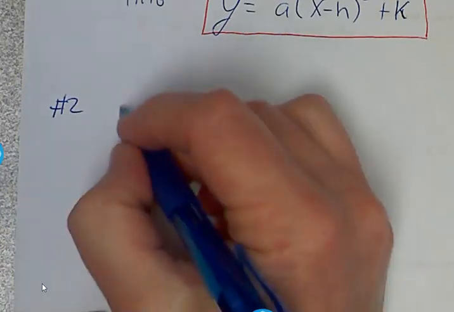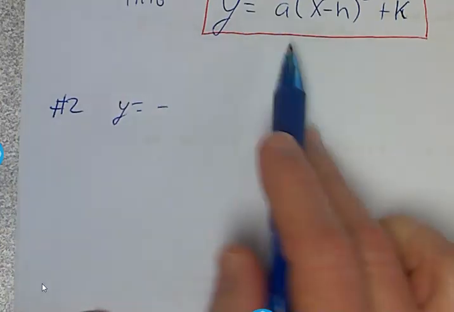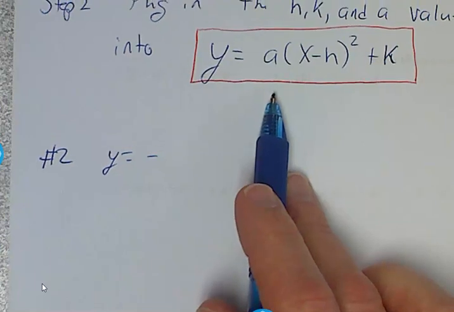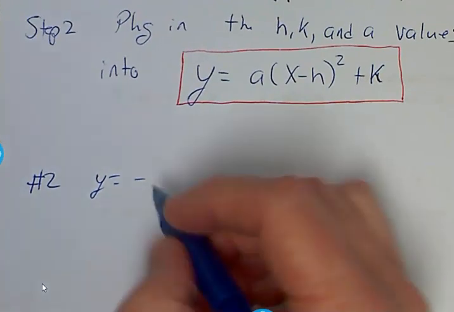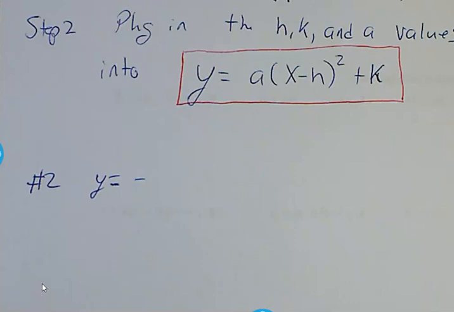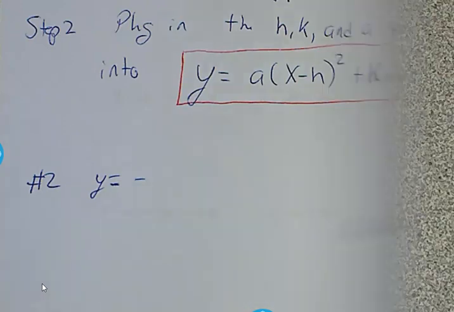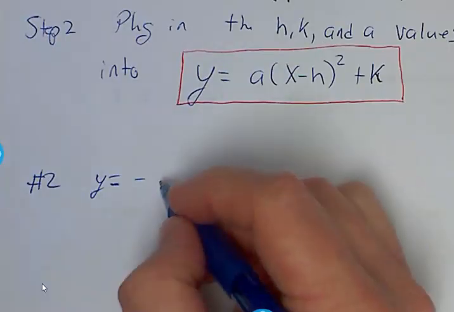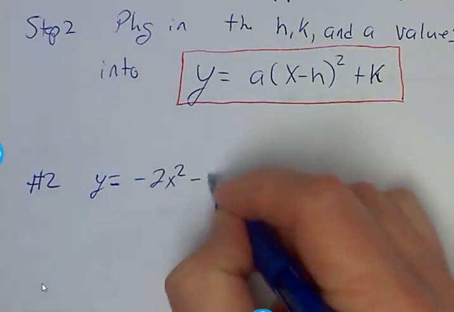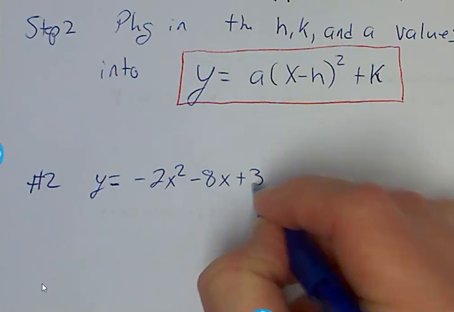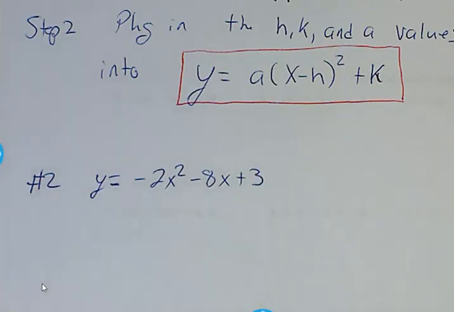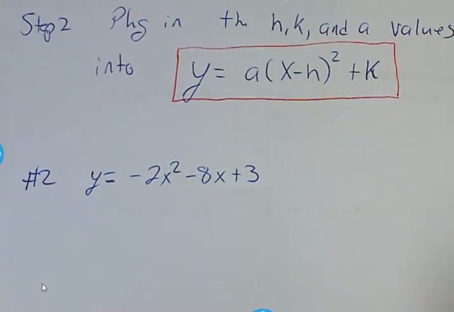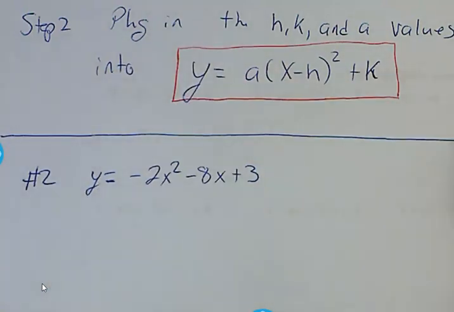That's the formula I need right there for vertex form. Negative 2x squared minus 8x plus 3.